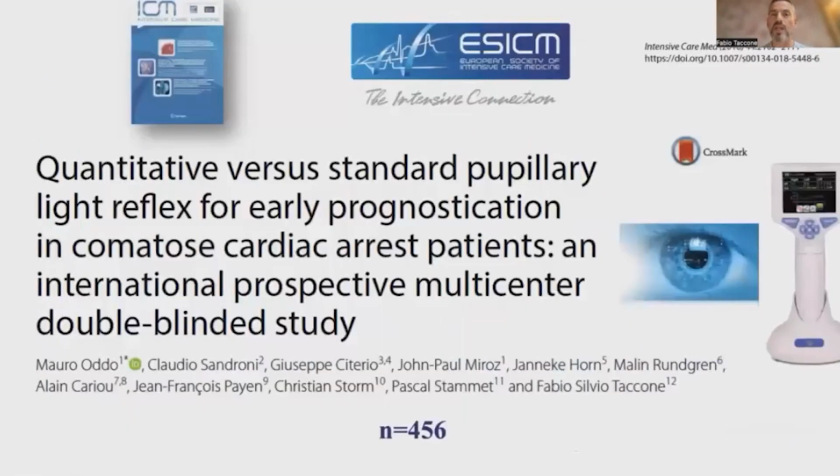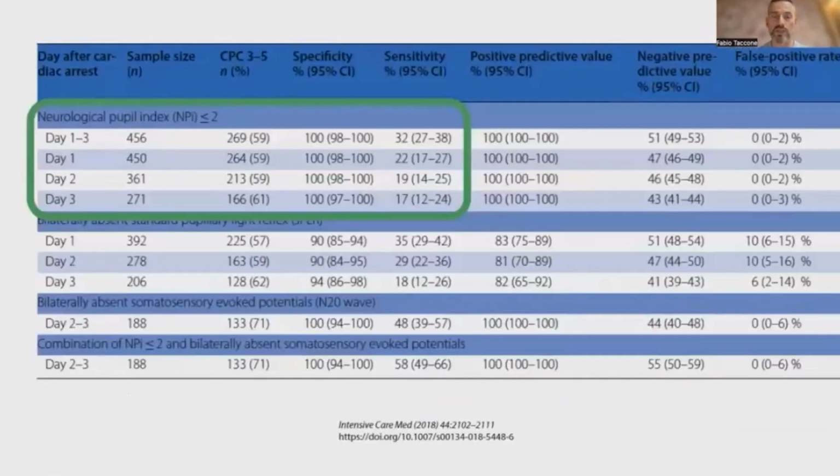This is why in cardiac arrest patients, in whom pupillary light reflex dysfunction has been associated, using human assessment, with poor outcome, we have conducted this observational double-blind study in which the role of NPI was evaluated to see whether it could predict or not poor outcome in this patient population, around 500 patients.